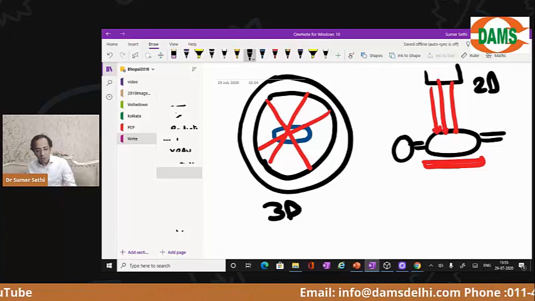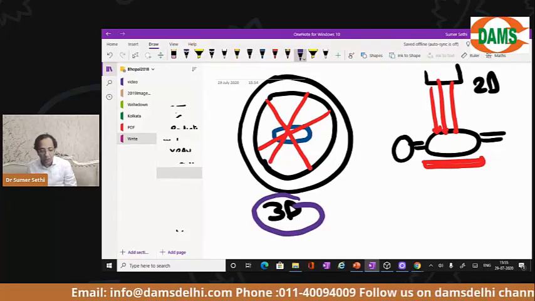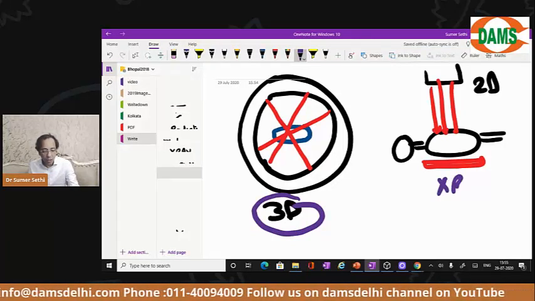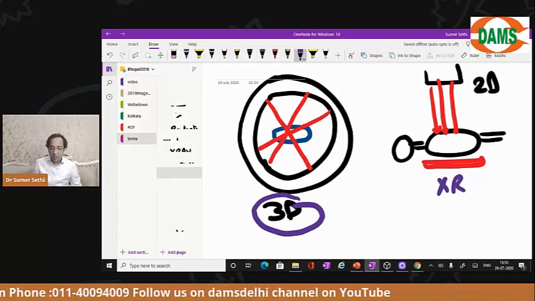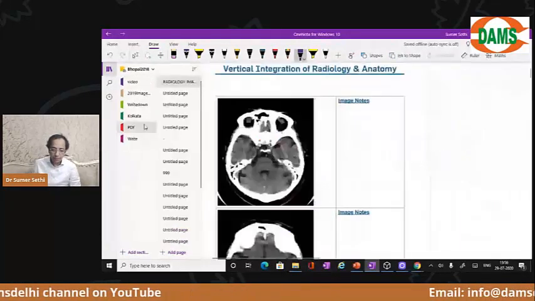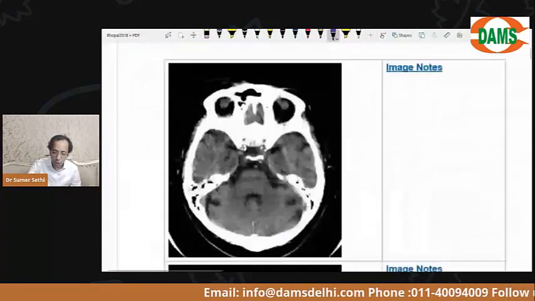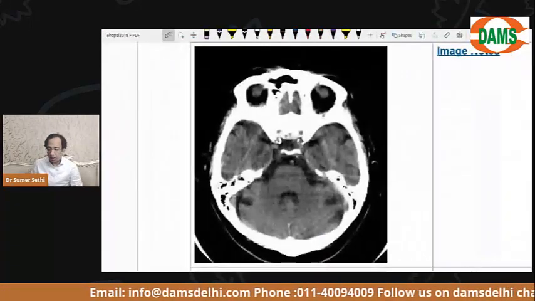Now see. I'm sure many of you are able to see that CT scan has three-dimensional capabilities. A routine X-ray is two-dimensional. That is the background we need to know before we switch over to the image. Let me take you to the first image to look at.